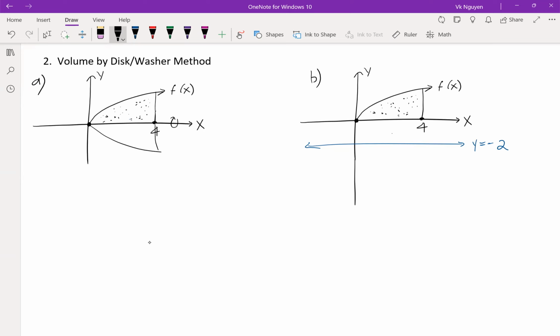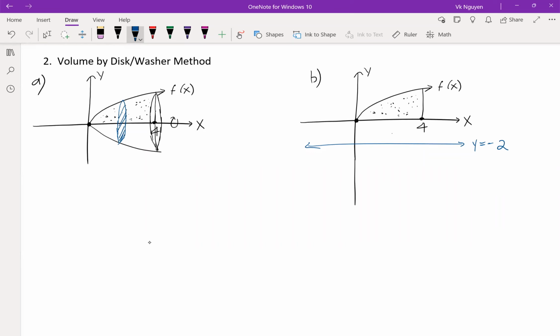And when we do the rotation, we're going to get a solid of revolution that looks like this. To find the volume of this solid of revolution, we can cut our sample slice, do a vertical cut, and we get a sample slice. Look at the sample slice there.